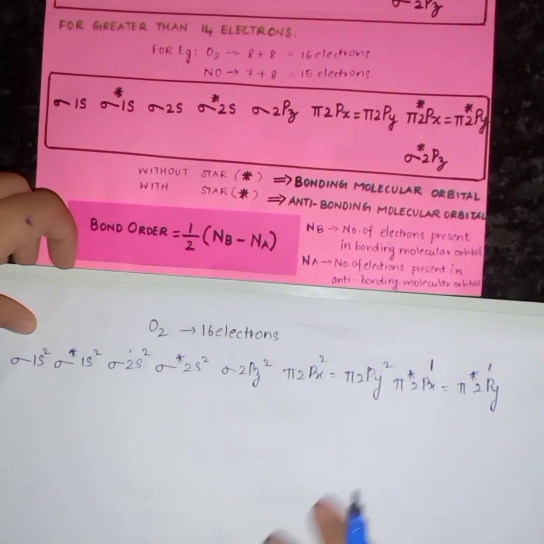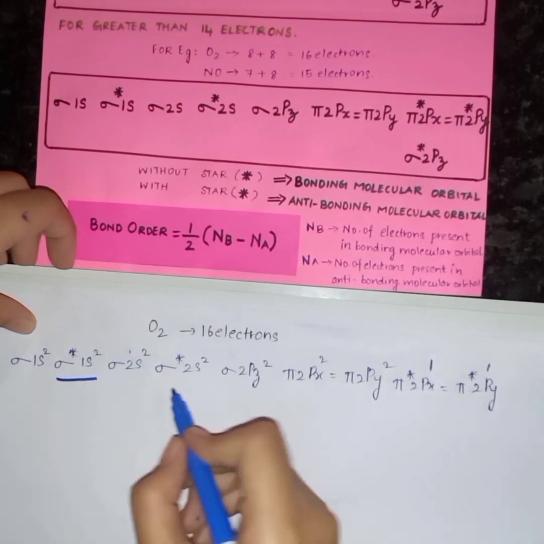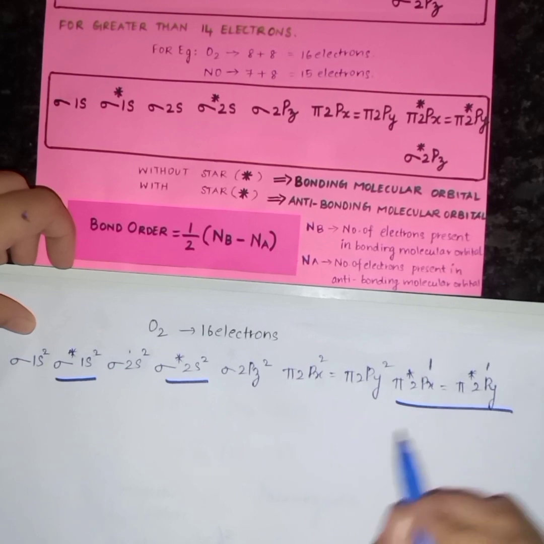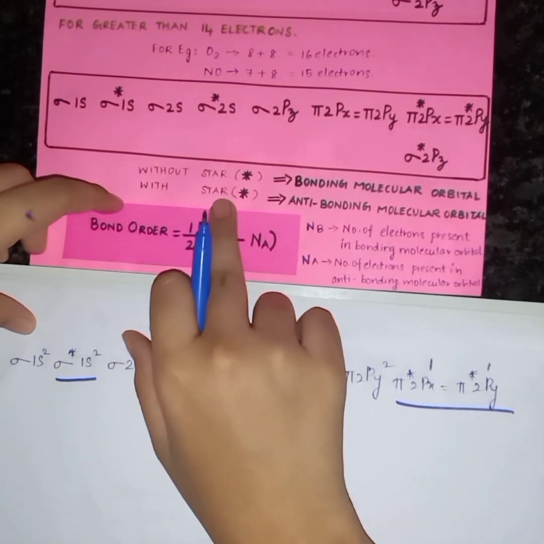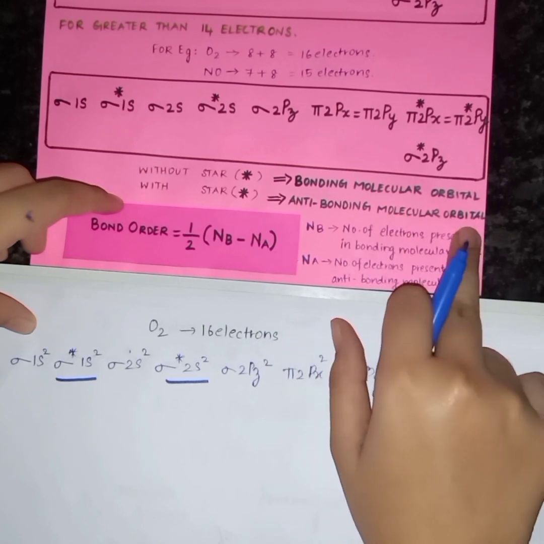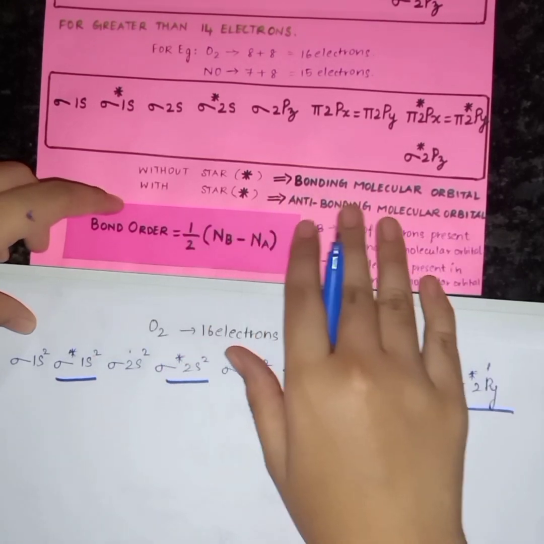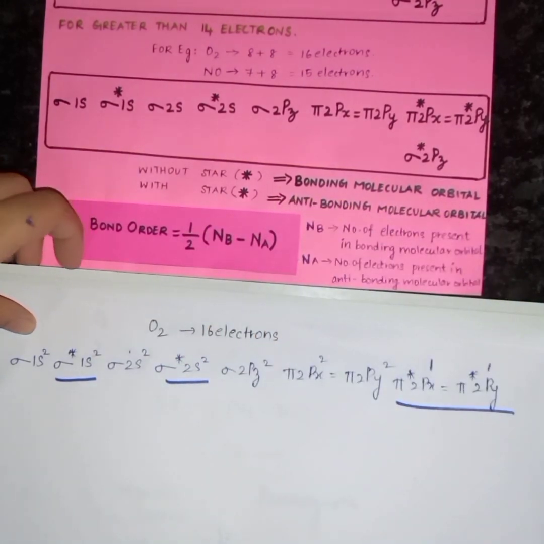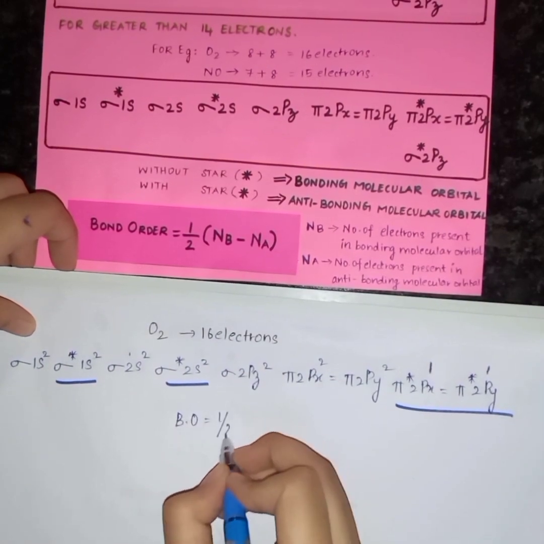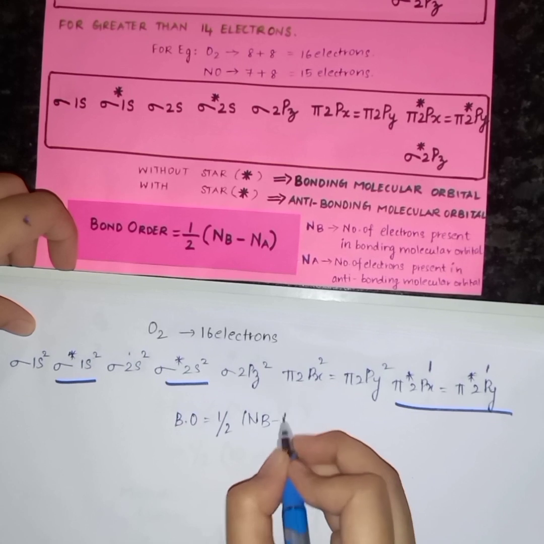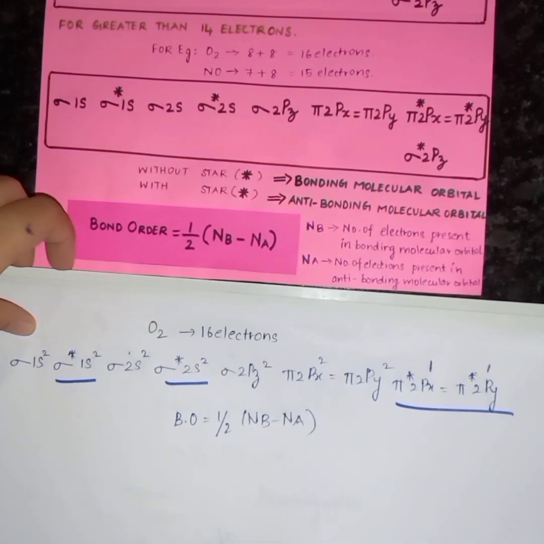The orbitals which are having star are the anti-bonding molecular orbitals. With star means anti-bonding molecular orbital. Without the star means bonding molecular orbital.